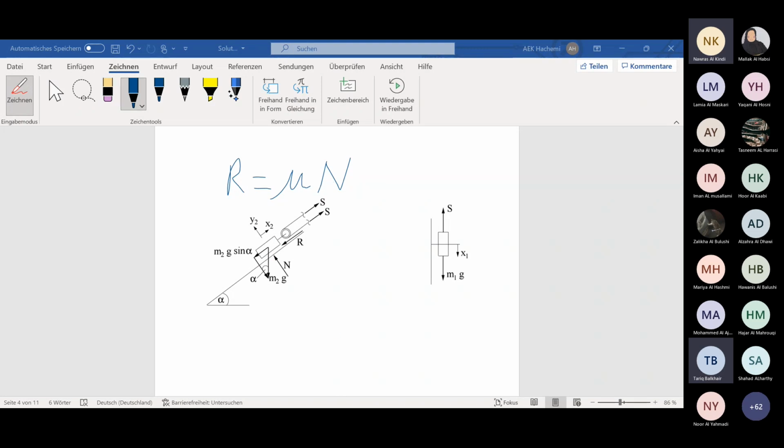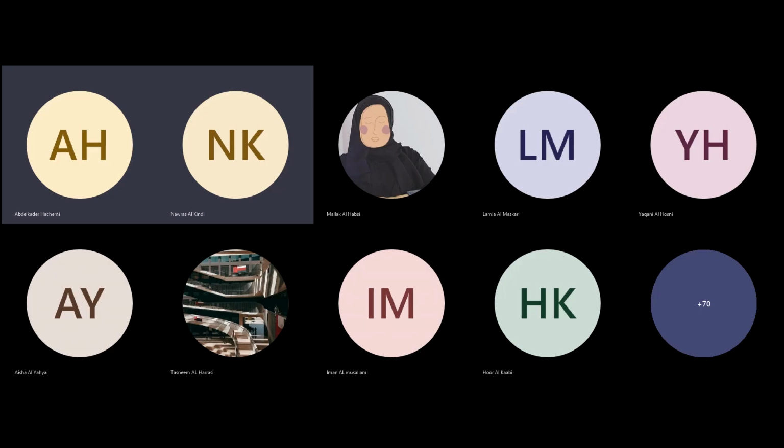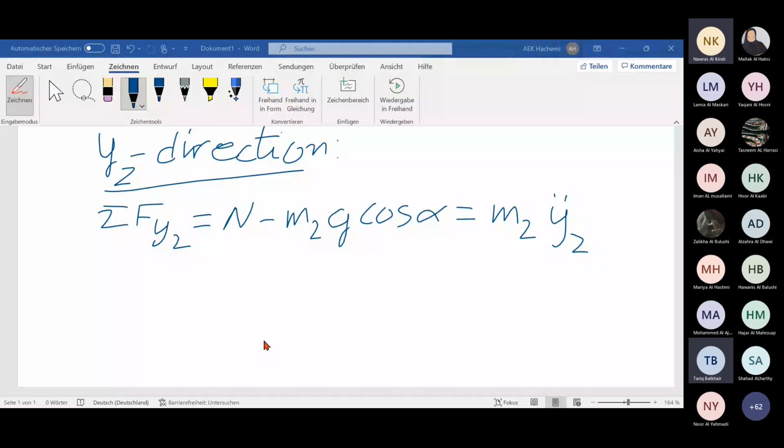Then what we have here is y double dot 2 is equal to 0.